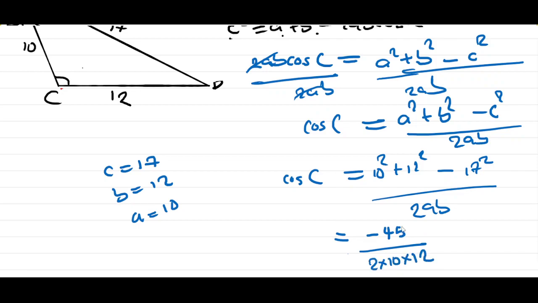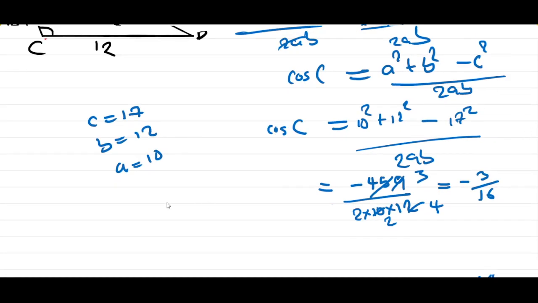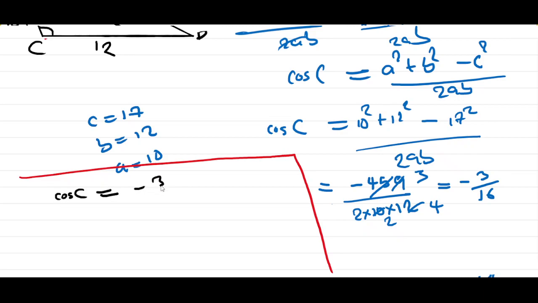Here we see that 5 here is 9, and 5 here is 2, where 3 here is 3, and 3 here is 4. So this is 16. So this is negative 3 over 16. All in all, what we should have is that cos c is negative 3 over 16.